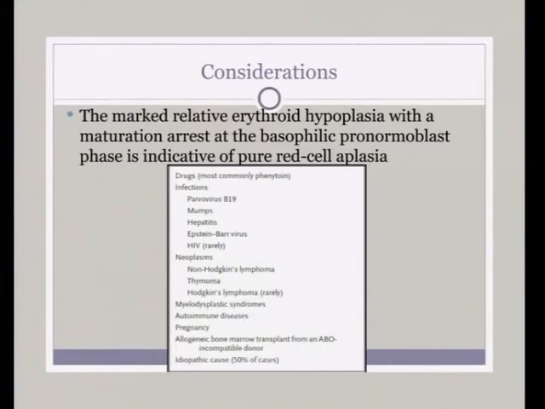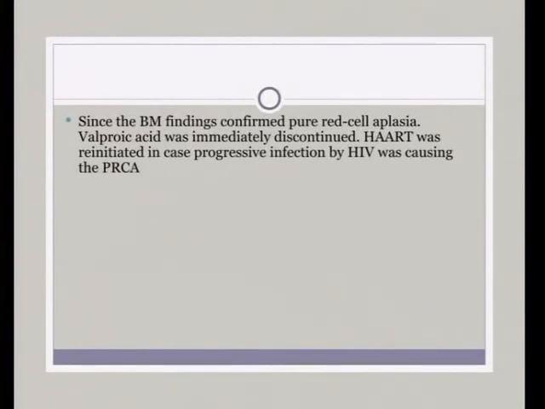So we know from this that the patient probably has a pure red cell aplasia, because you see these early precursors of the red cells, but there's no maturation, and the M:E ratio is raised. What are the possible causes? Drugs, including anticonvulsants, infections, neoplasms, and these things need to be considered. The bone marrow findings confirmed the pure red cell aplasia.